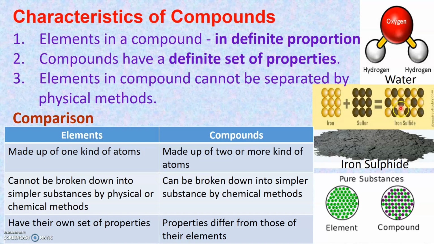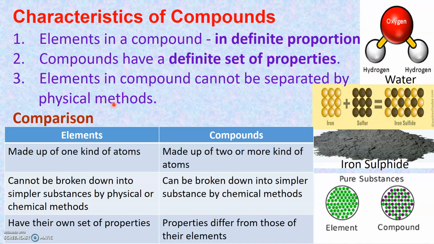But in this case of the iron sulfide compound, it is noted that iron cannot be separated from this compound of iron sulfide. This cannot be done by any physical methods. That is, if we try to separate iron with the help of a magnet from this iron sulfide compound, it cannot be done. So, we say that elements in a compound cannot be separated by any physical methods.